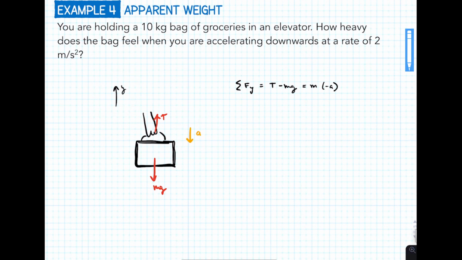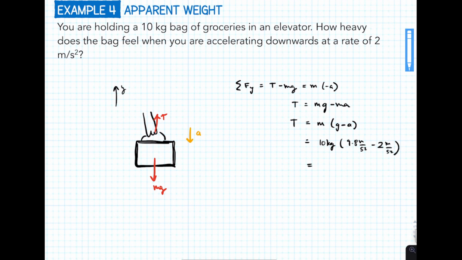Okay? So when we calculate our tension, we end up with mg minus ma, which means tension is m times g minus a. So our mass is 10 kilograms. We know g is still 9.8 meters per second squared, and then this is minus 2 meters per second squared.